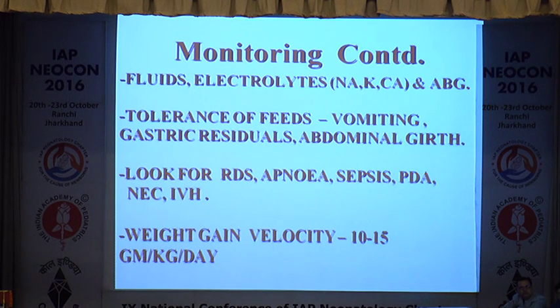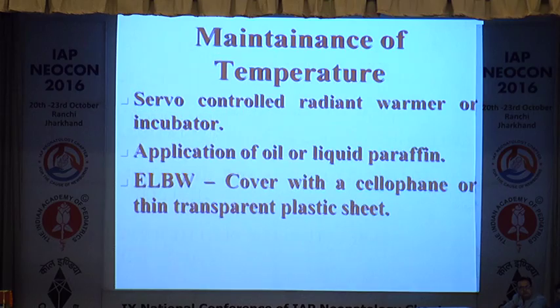The baby should be weighed daily, at least once, and we expect a weight gain after 2 weeks of age of 10 to 15 grams per kg per day. The maintenance of temperature is very important.